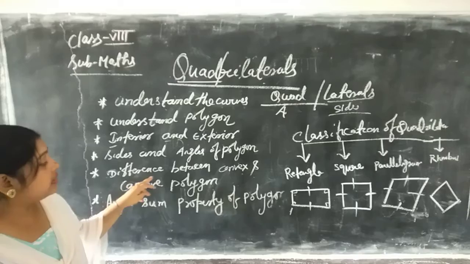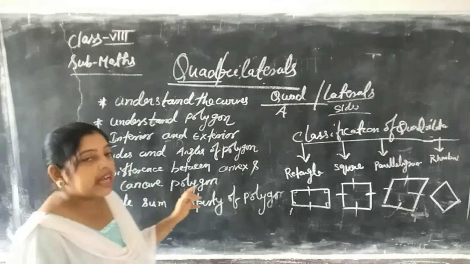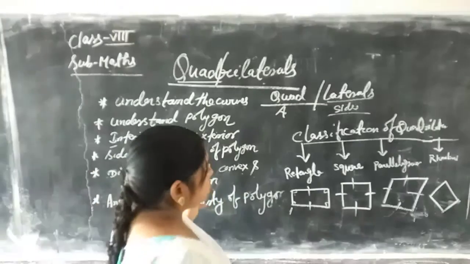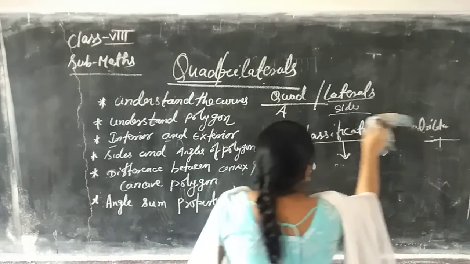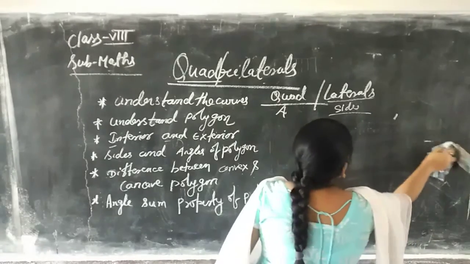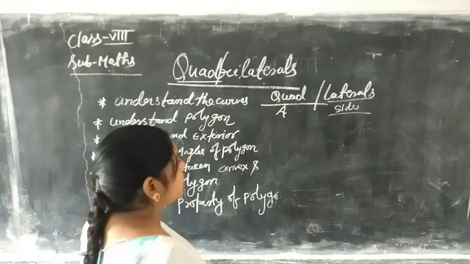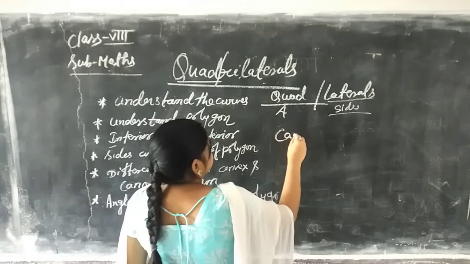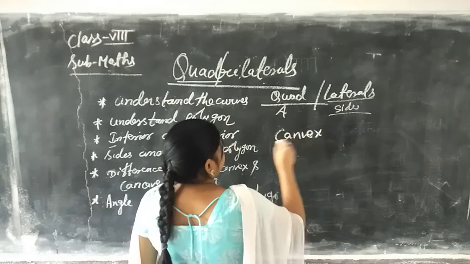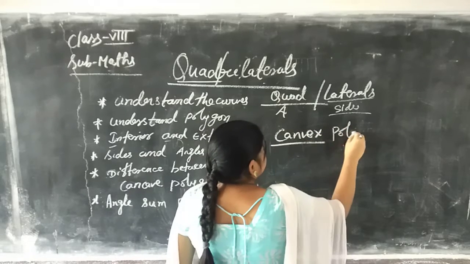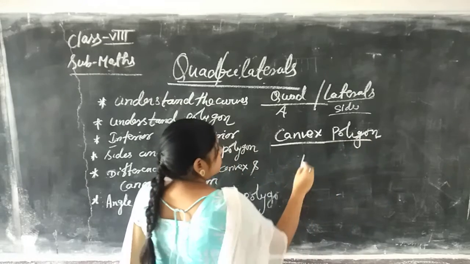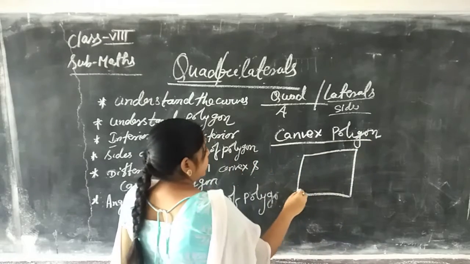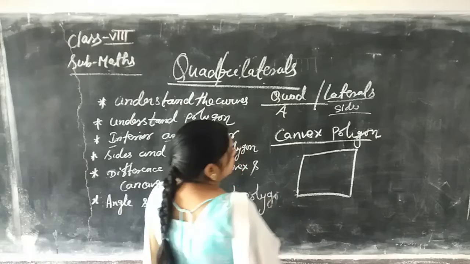Now the next is the difference between convex and concave polygon. In convex and concave, first we explain the convex polygon. This figure is a convex polygon.